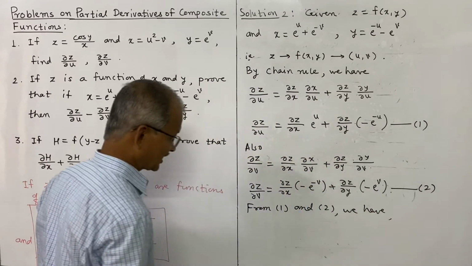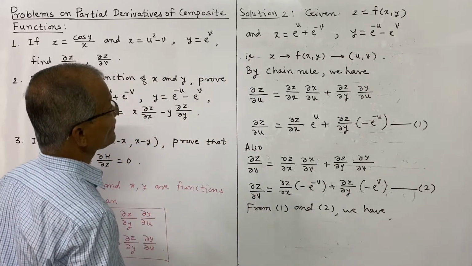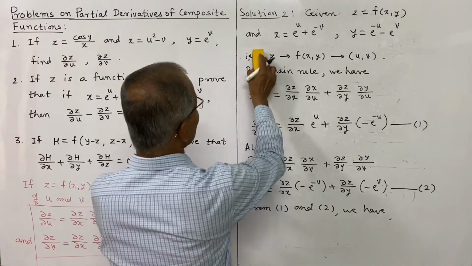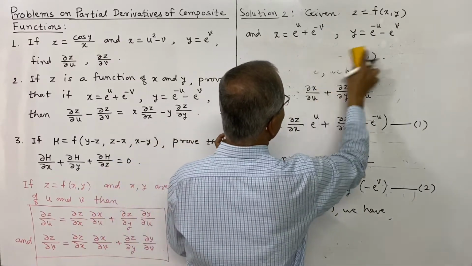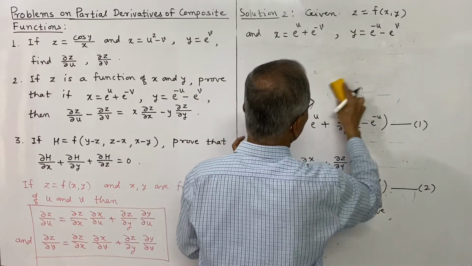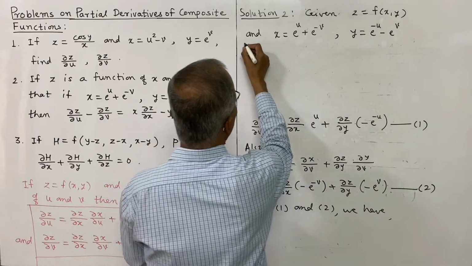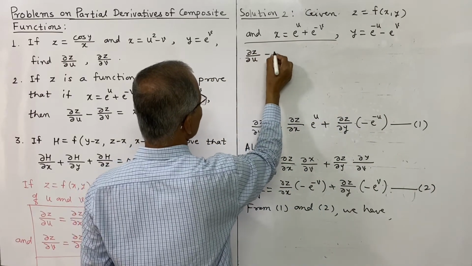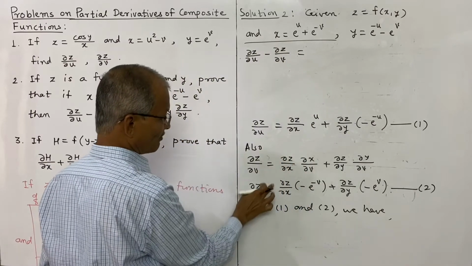we have on subtraction, see, the subtraction will be ∂z/∂u minus ∂z/∂v, subtraction of these two, 1 minus 2.